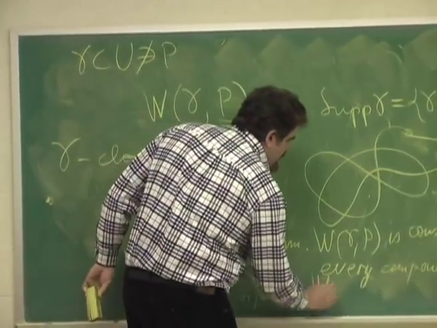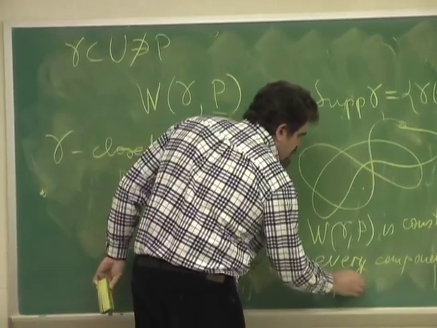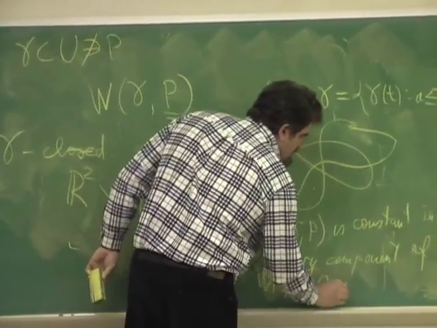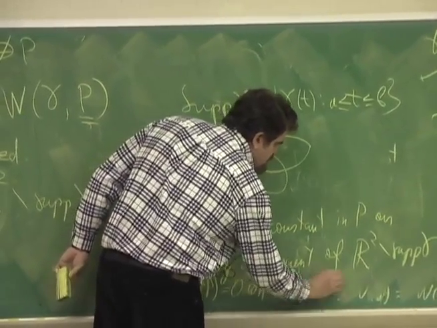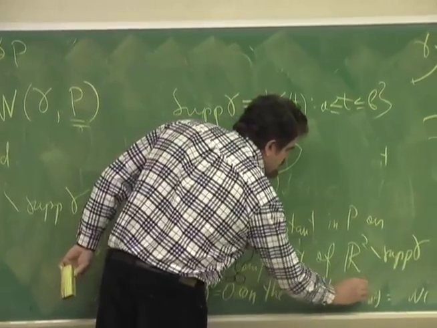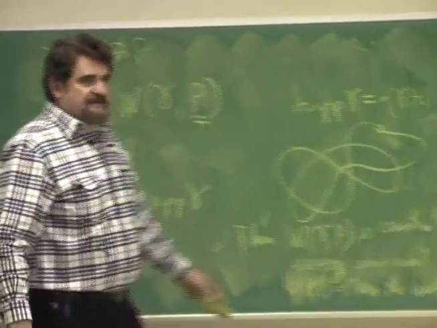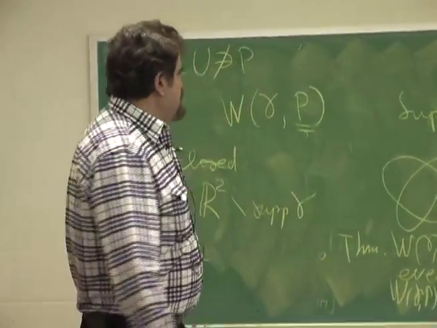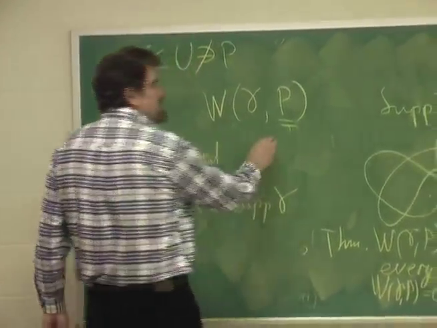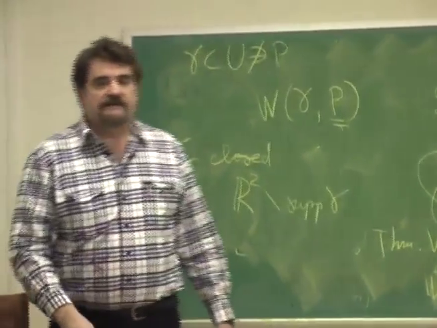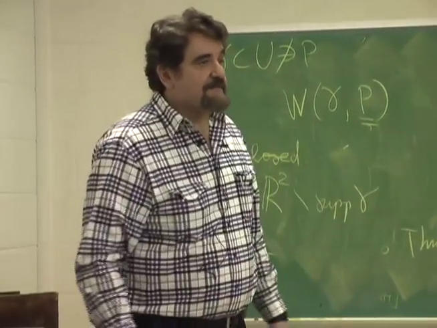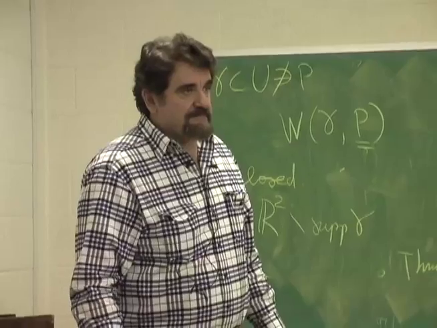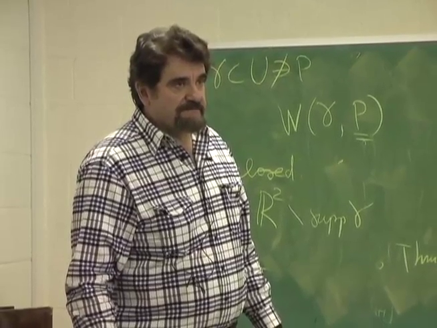And the winding number of gamma around P is 0 on the unbounded component. The last part is easy. If I am far away, then definitely the winding number is 0, because it is in a segment. Correct?